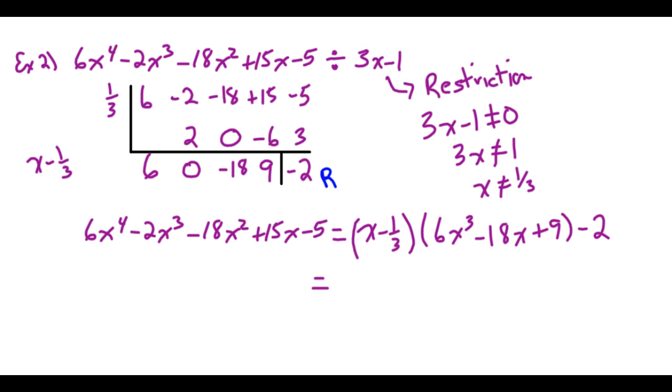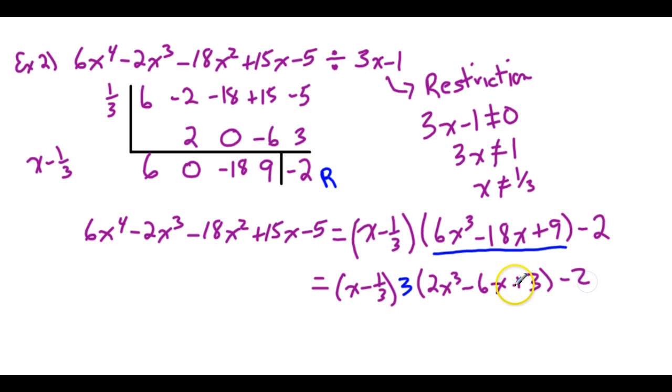You can see in my second expression here, I have a common factor of 3. And so if I factor out that common factor of 3, so 3, I'm left with 2x cubed here. I'm left with minus 6x and plus 3, and minus the 2 on the end.